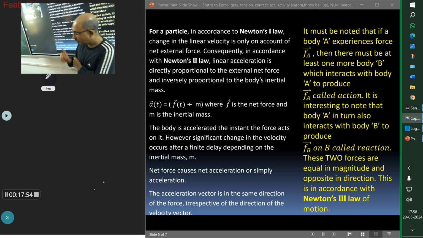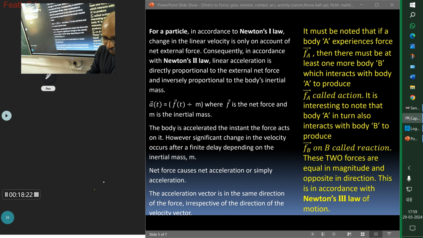Okay, now see. Then there must be at least one more body B which interacts with body A to produce Fa bar, and this you can call action. It is interesting to know that body A in turn also interacts with body B to produce force Fb bar, called reaction. So body A experiences force because of body B. But look at the nature.